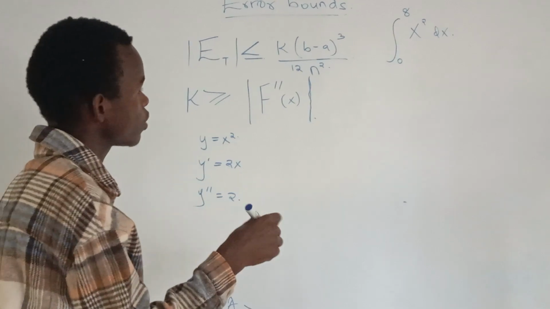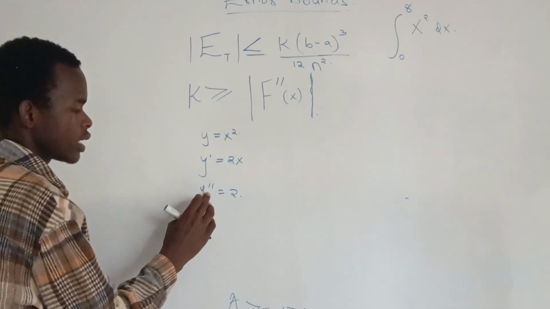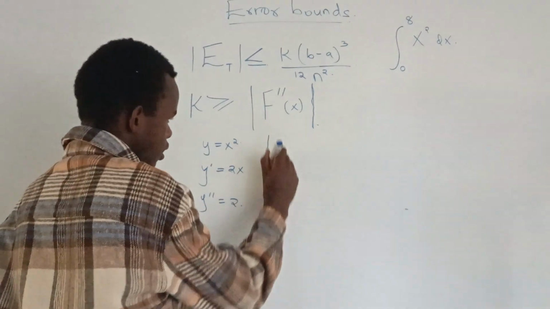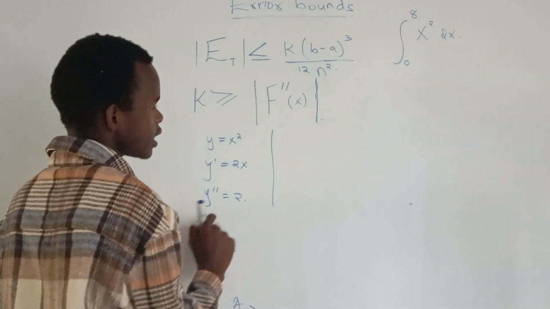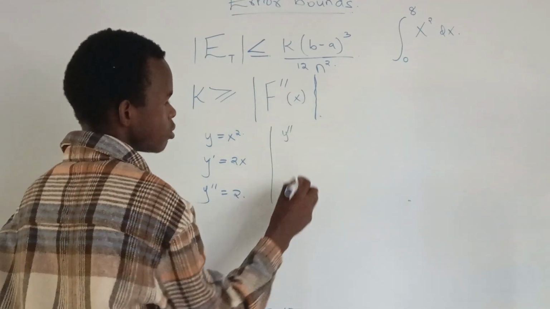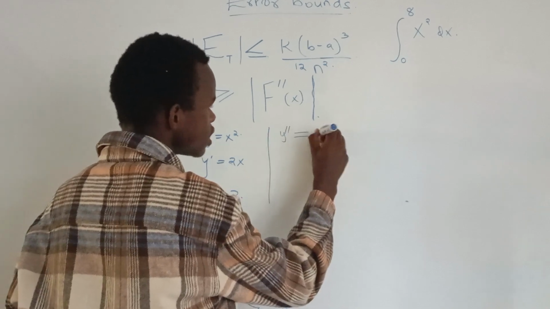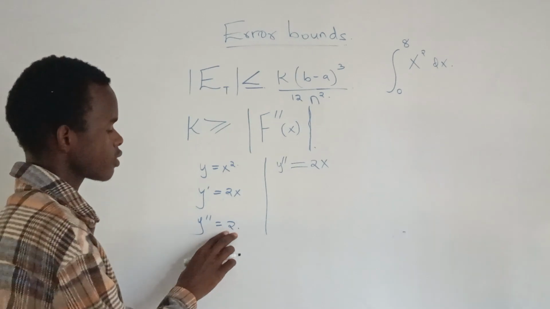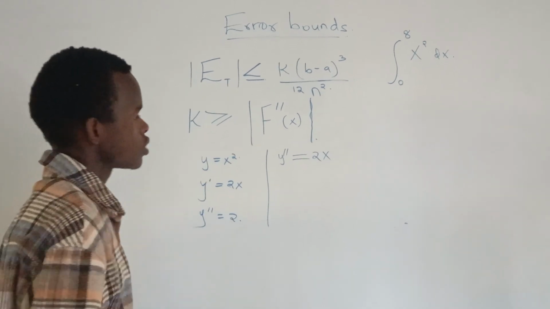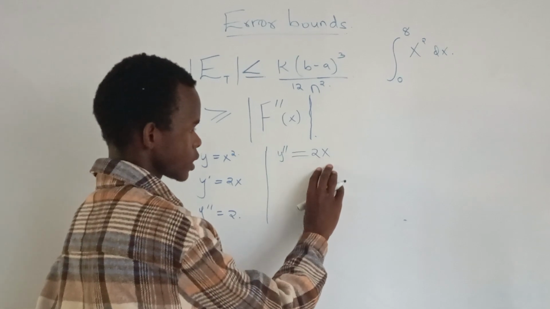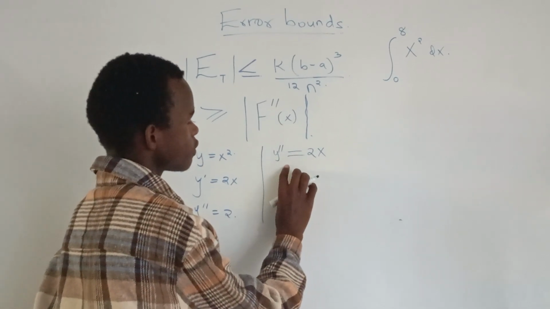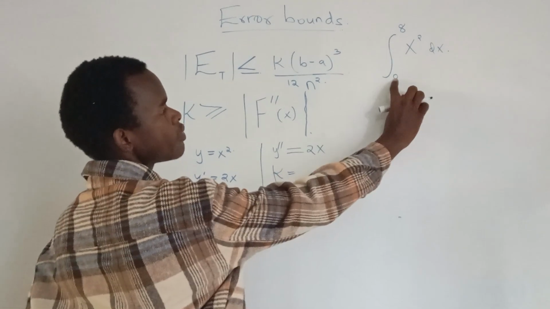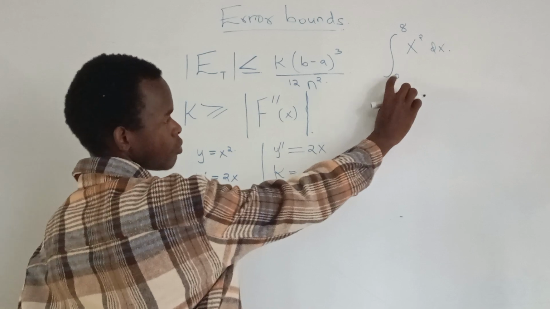I will show another example where you find the second derivative to be maybe 2x. For this other case, I will find my value of k by substituting the bounds of the curve.